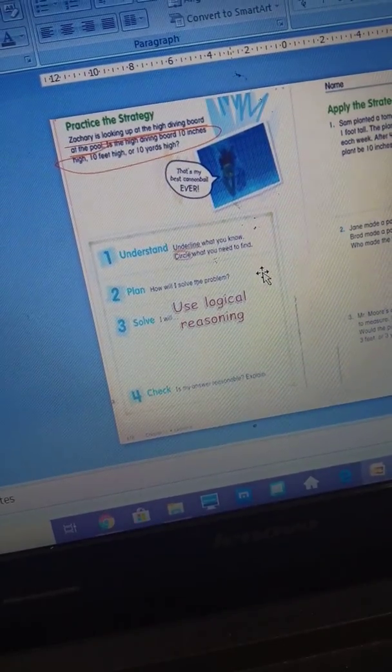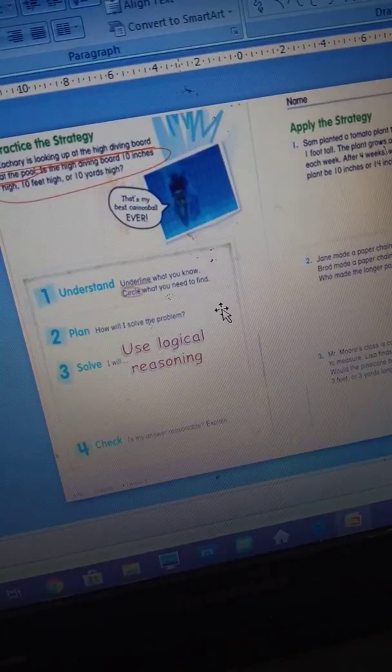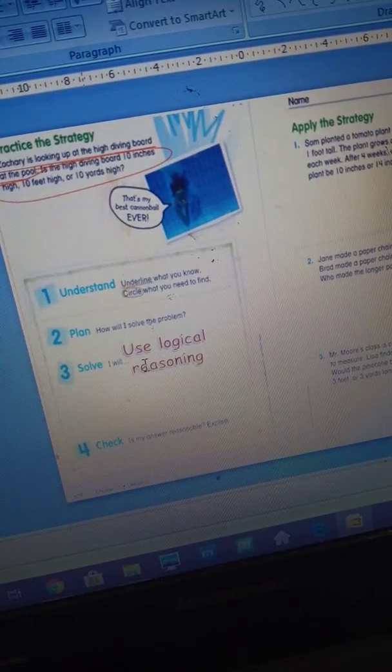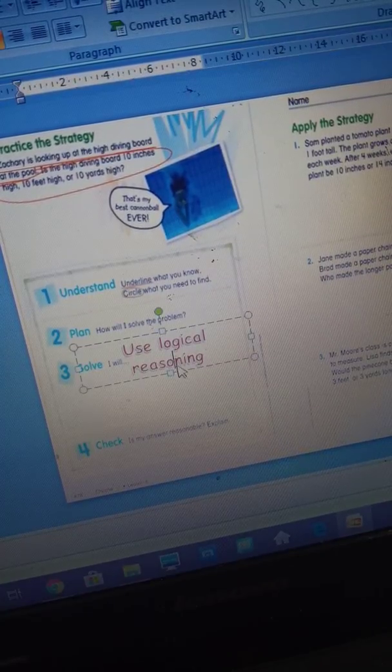That is the height of the diving board. You want to dive into the swimming pool. Are you going to dive from 10 inches high? No. Why? It is too short, the 10 inches.